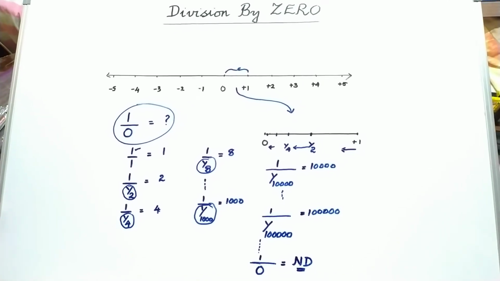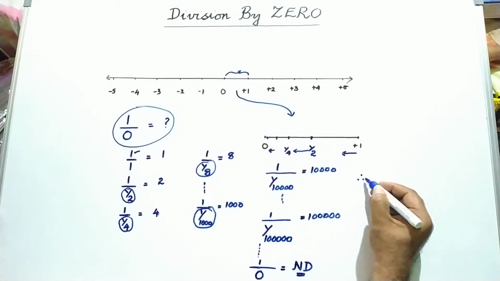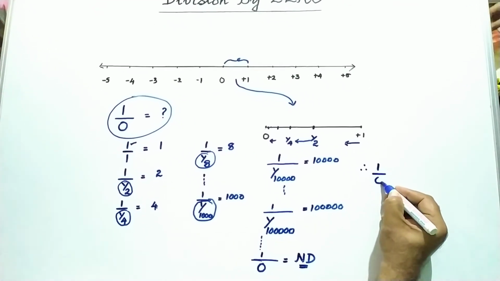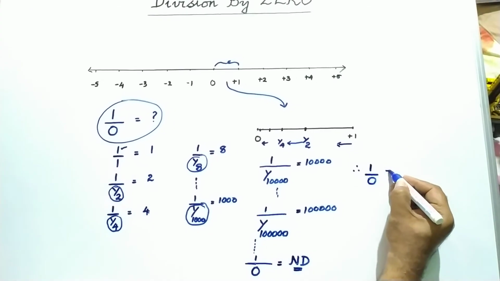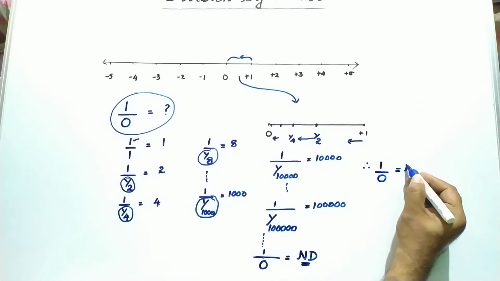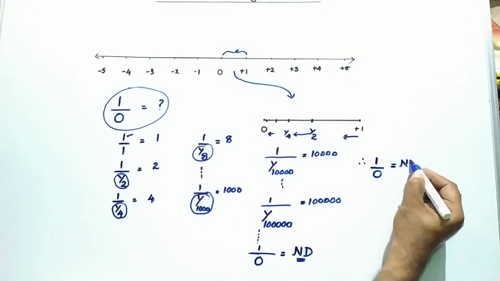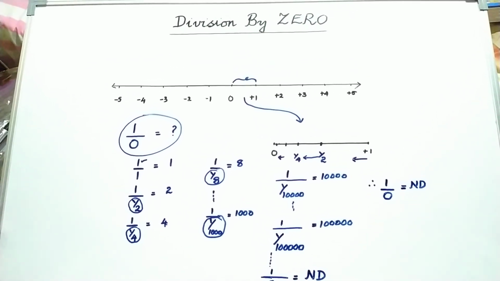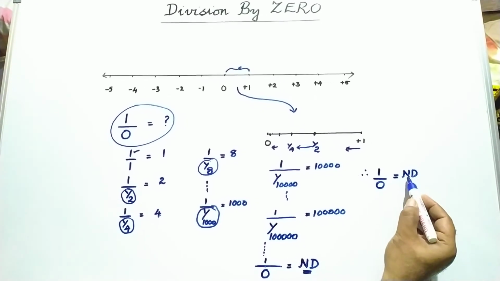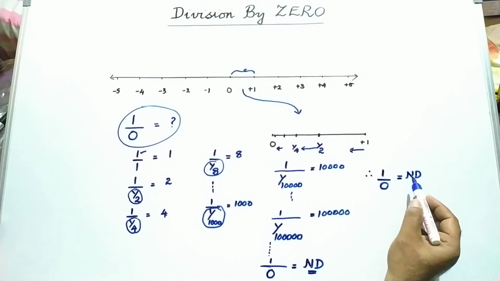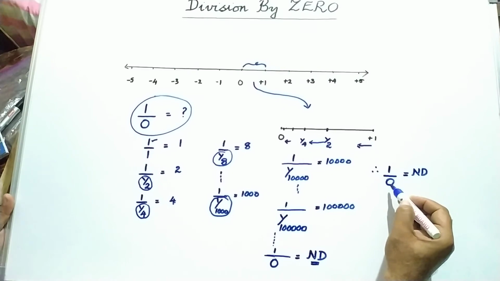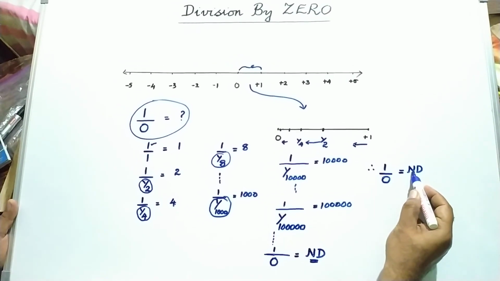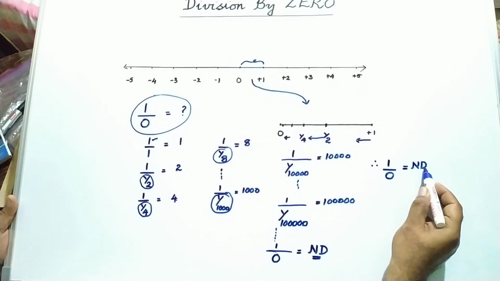Dear friends, therefore, if the denominator is 0, or if any number is divided by 0, we have not found out the size or magnitude of the answer, and therefore 1 divided by 0 is always considered as not defined.